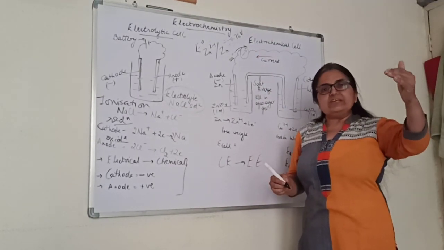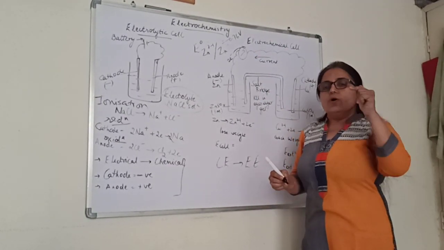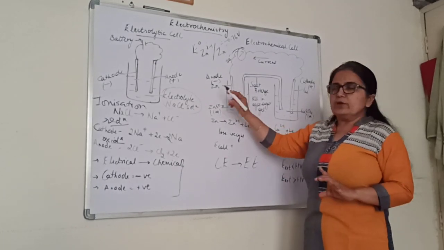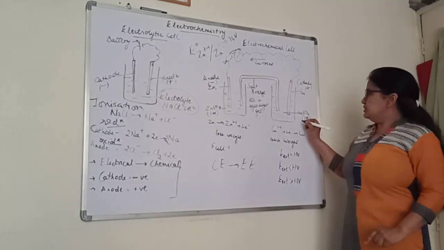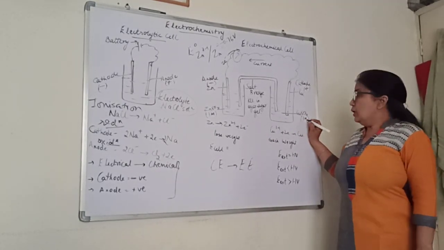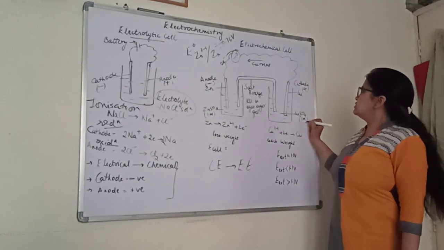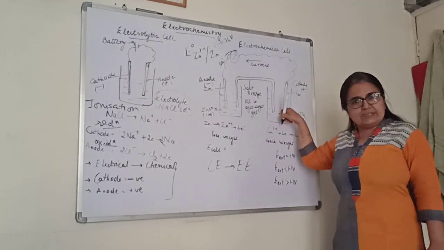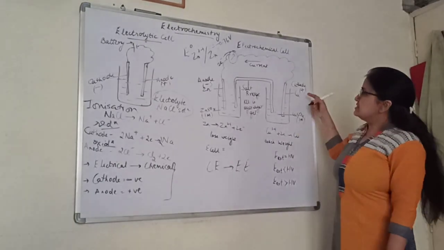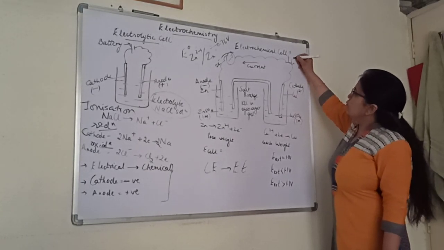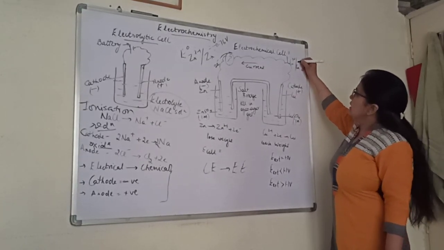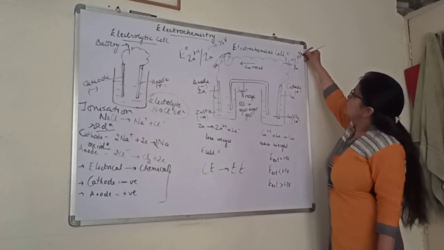More negative means it will have more tendency to undergo oxidation. It will act as anode. On the other side, we take one more container in which copper sulfate solution, 1 molar again, same concentration. A copper rod is immersed in it, which is acting as cathode because the E0 value for copper is 0.34 volt.